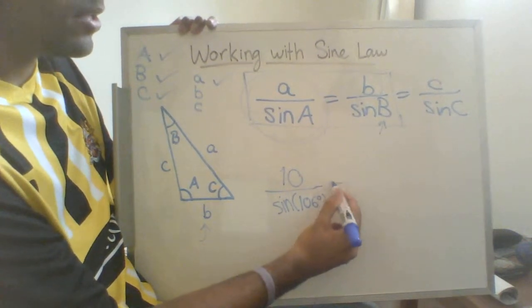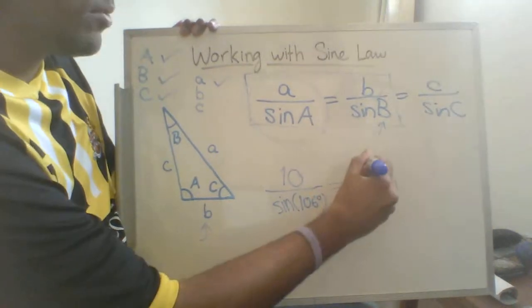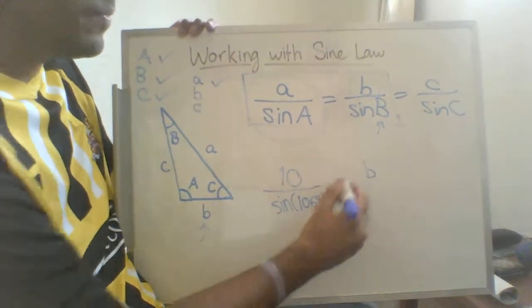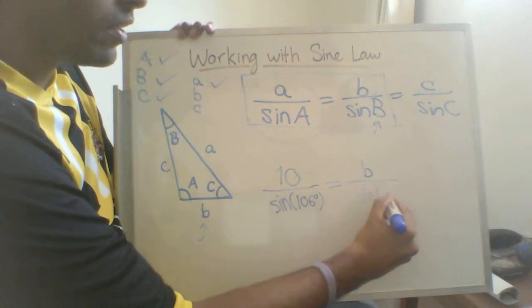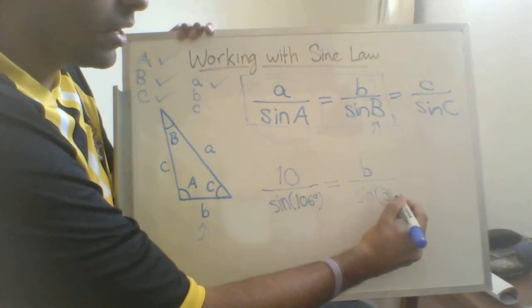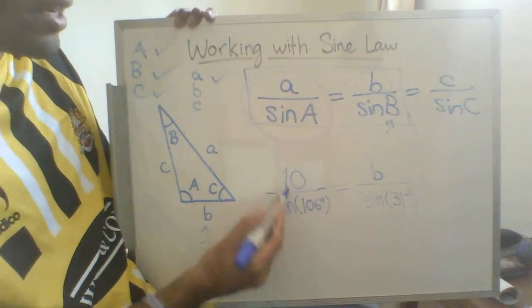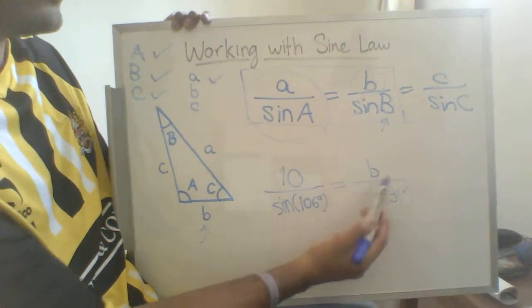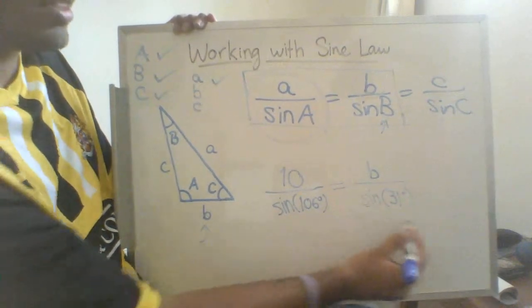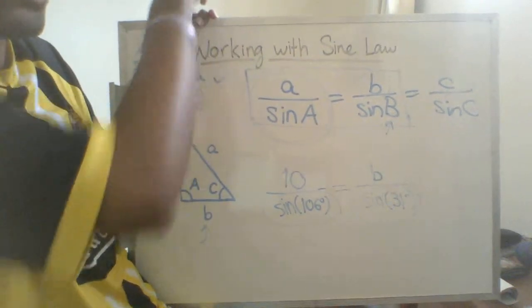It's not going to be a simple fraction. So 10 divided by this number equals the length of side B divided by sine of angle B, which was 31 degrees. Okay, so we've got 10 divided by sine 106 equals B divided by sine of 31, and this right here and this right here are just some numbers.